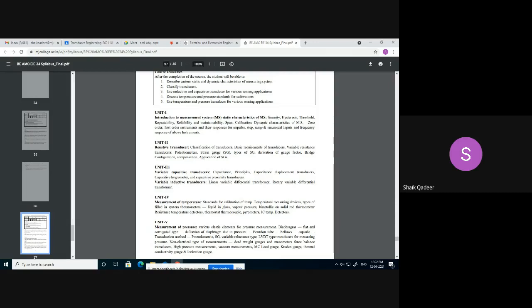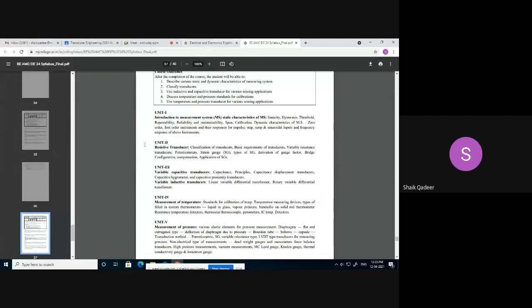Whereas for dynamic characteristics parameters, we are not directly going into them. Before that, we are going to study zero order system, first order system, the zero order and first order dynamic characteristics models, and their responses to impulse, step, ramp, and sinusoidal input for frequency responses.